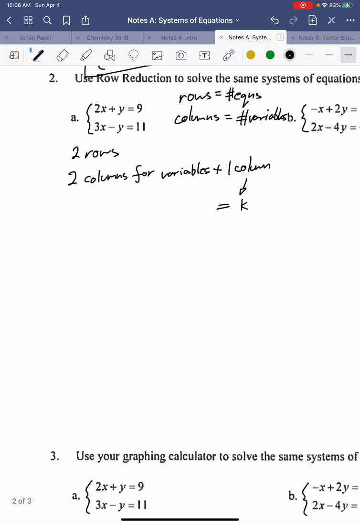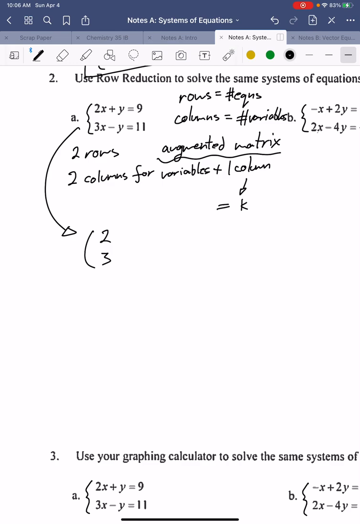So this is what it would look like, turning it into an augmented matrix. We have 2, 3, because this is the variable column representing x. Then we have 1, -1, since that's the variable column representing y. Then we add a line.